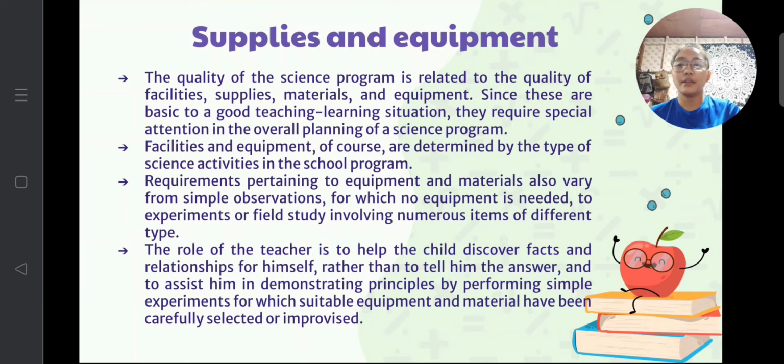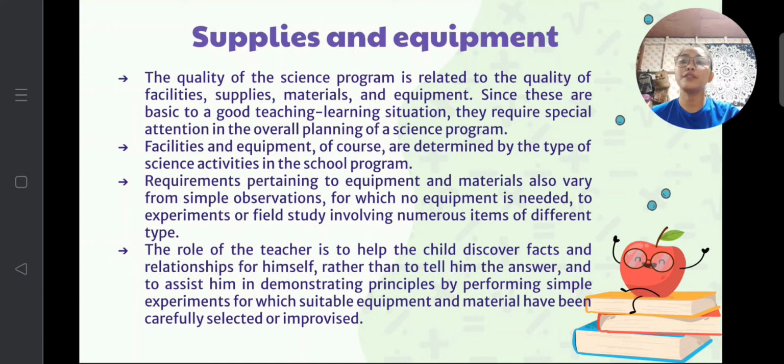And then next, requirements pertaining to equipment and materials also vary from simple observations for which no equipment is needed to experiments or field study involving numerous items of different types.